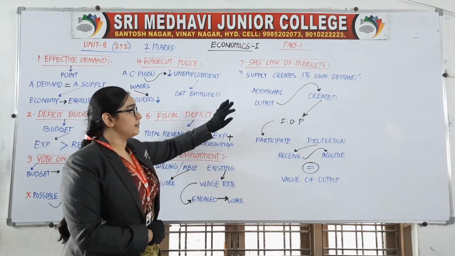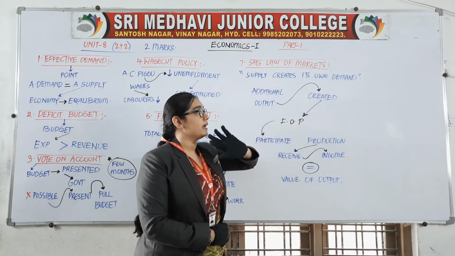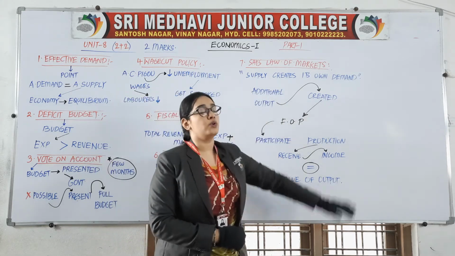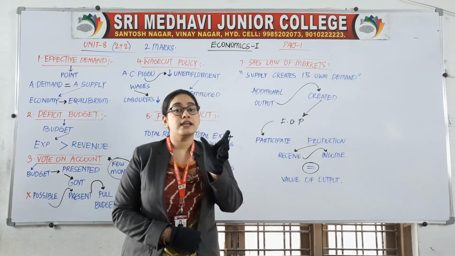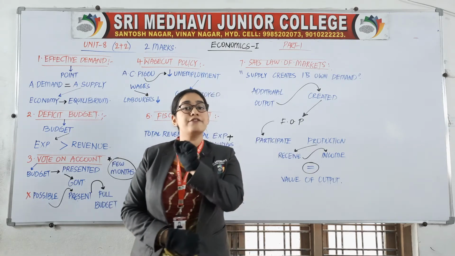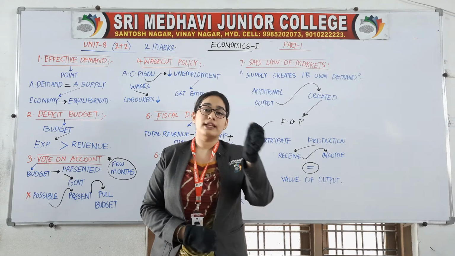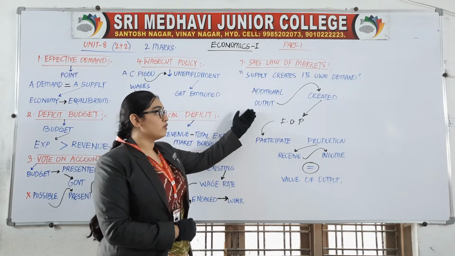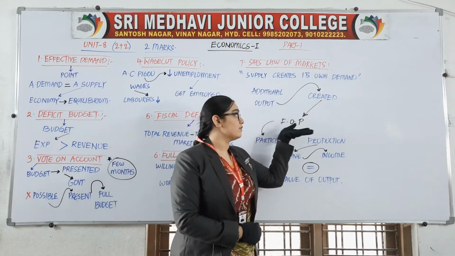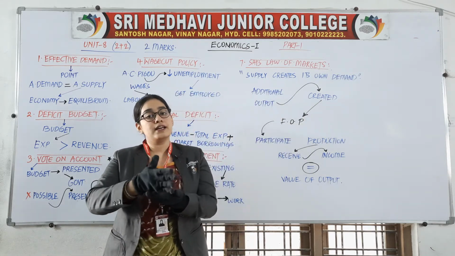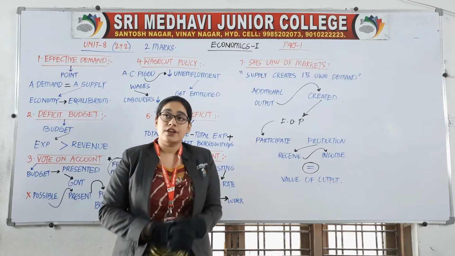The seventh concept, Say's law of market. According to this law, supply creates its own demand, meaning for every supply the demand will be the same. Whenever additional output is created by the factors of production, what are the factors of production? Land, labor, capital, organization.